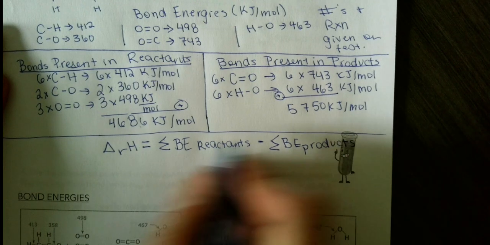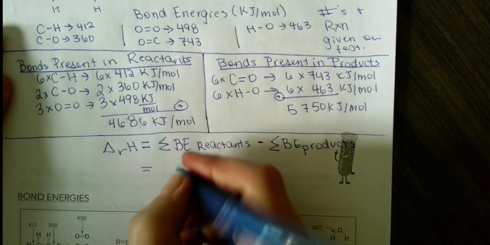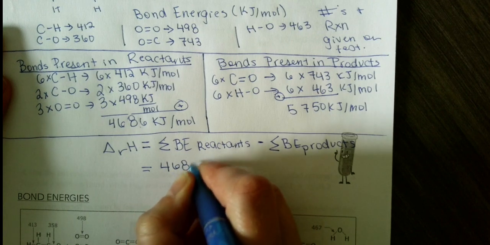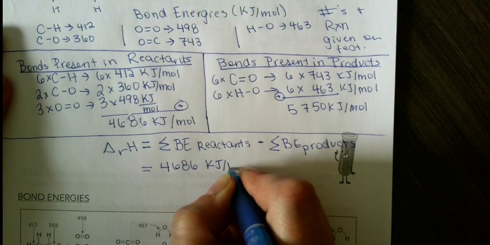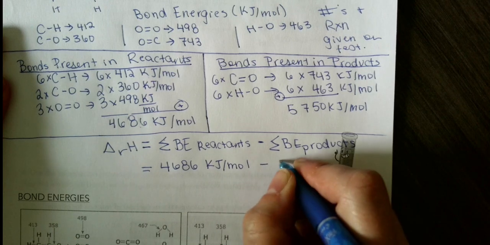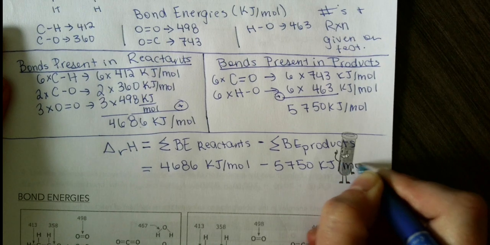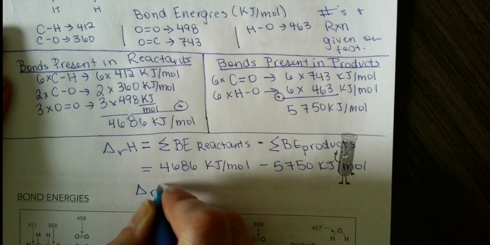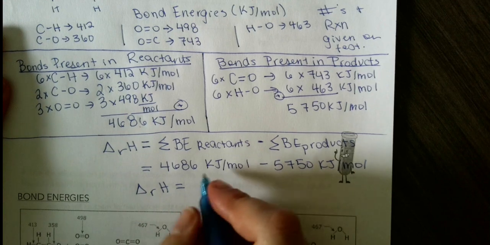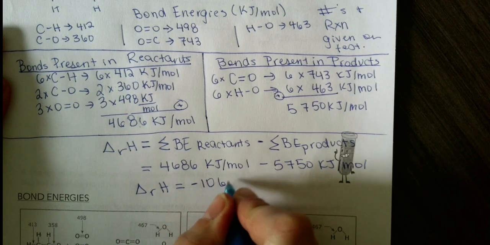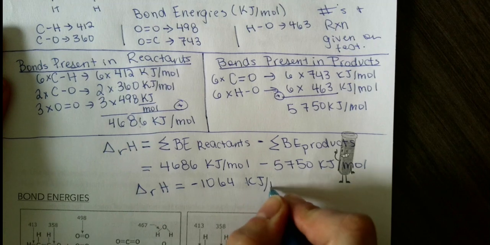We have the majority of the work done now. We just have to fill it all in. So we have 4,686 kilojoules per mole minus 5,750 kilojoules per mole. Delta H of the reaction is going to be negative 1064 kilojoules per mole.